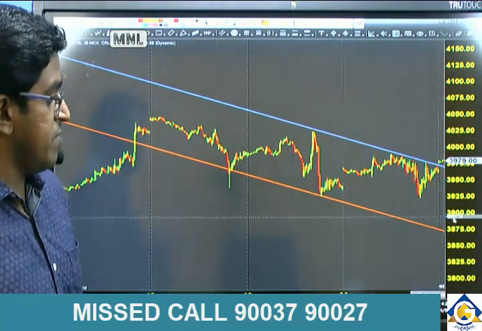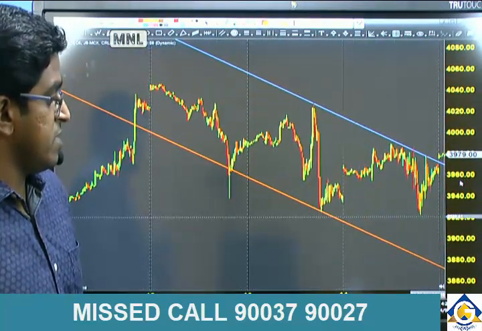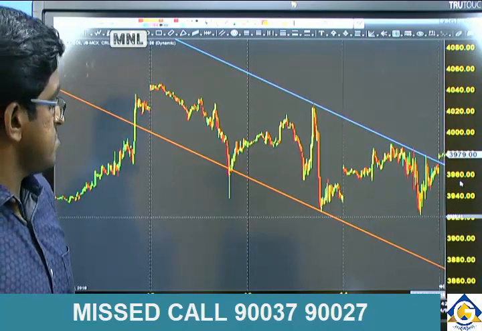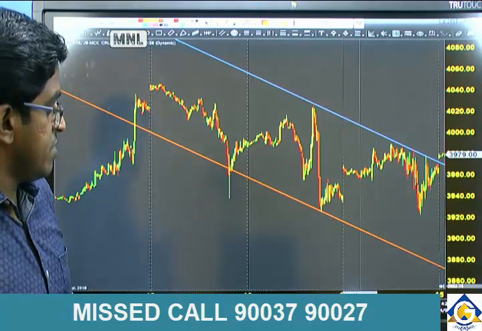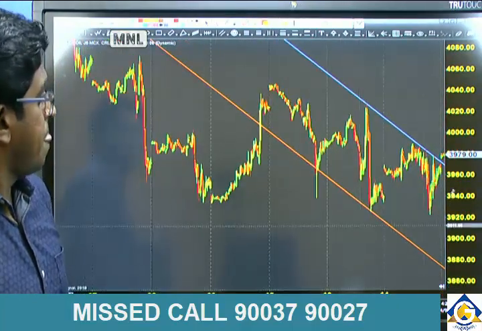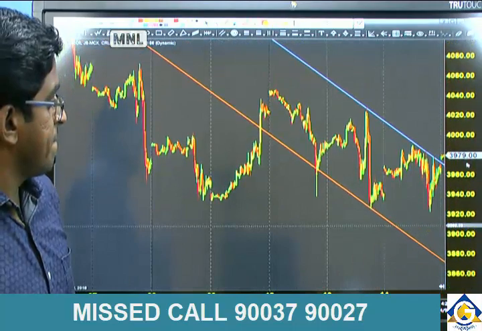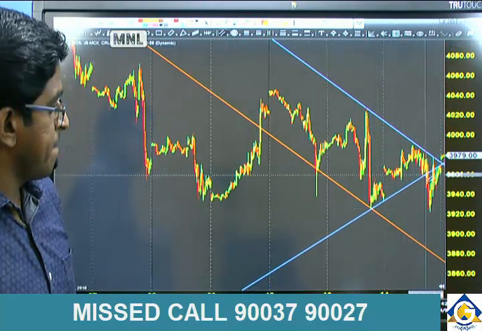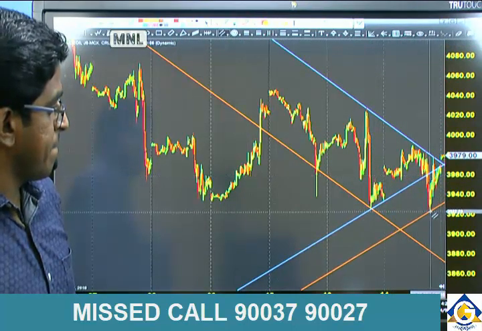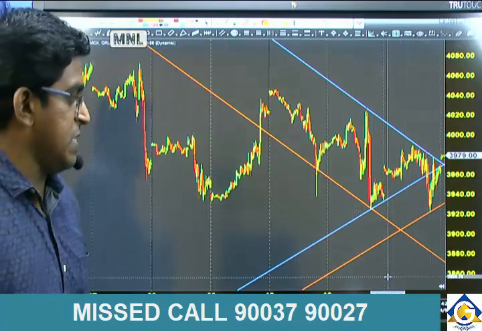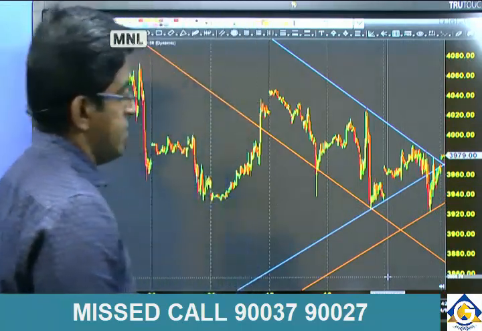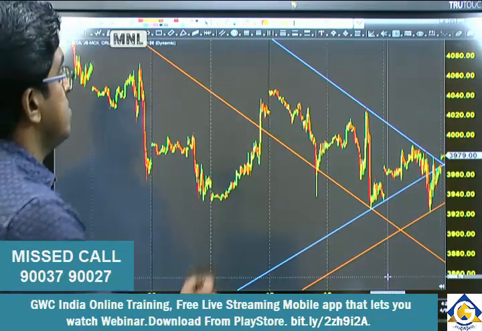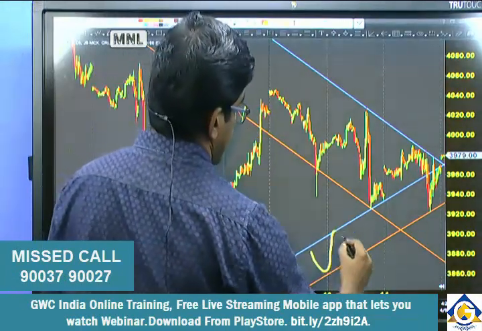So this is one trend channel I can draw. Can we draw any other trend channel? You may ask how I draw this bottom trend channel in this area, and why I need it.